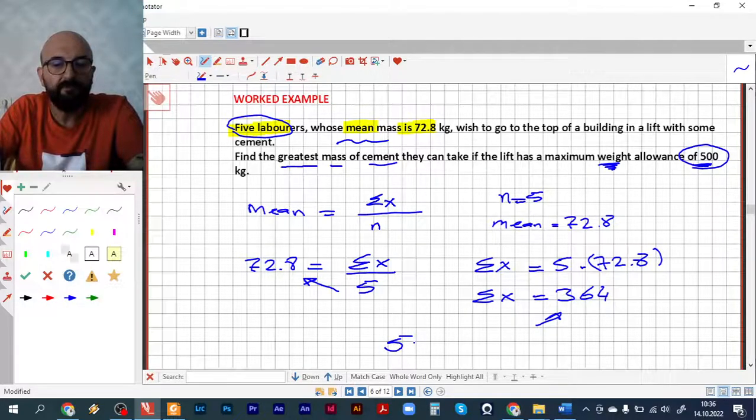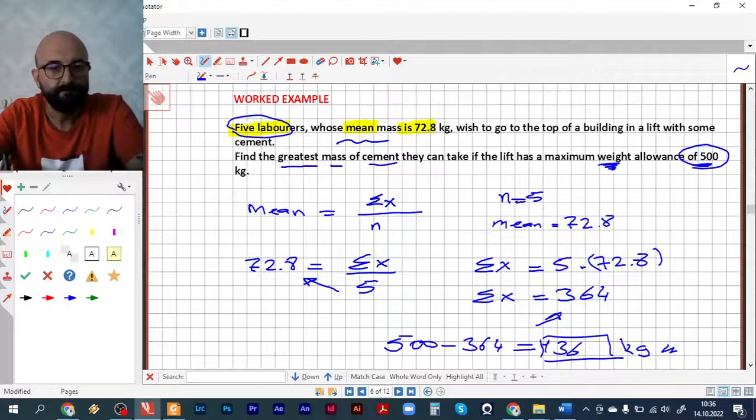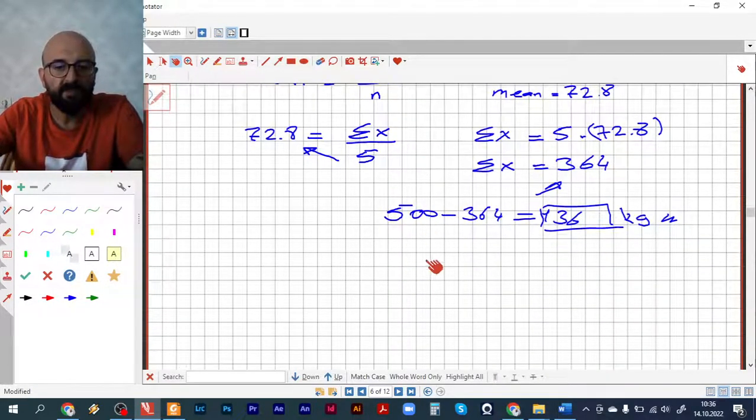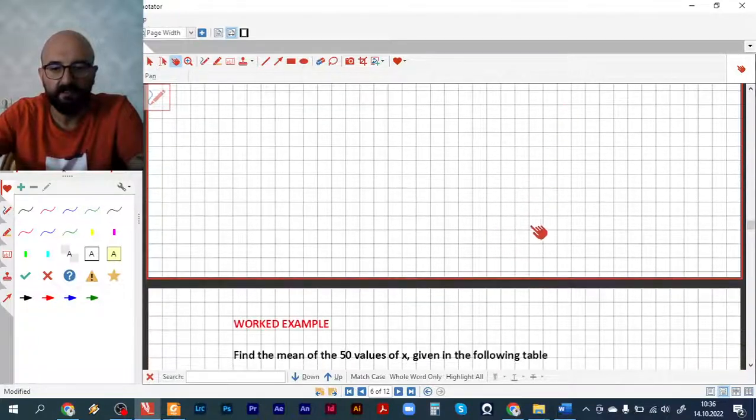So 500 minus 364 should be 136. So the greatest mass of cement they can take is 136 kilograms.